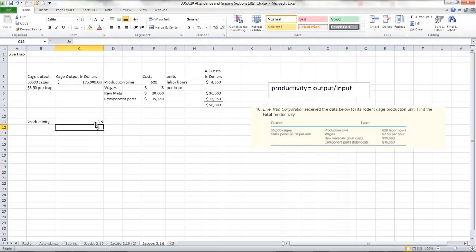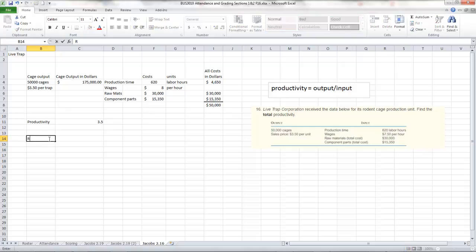So our productivity over all the inputs would be 3.5. Okay, so that has no units because we had dollars over dollars. The units cancel out. We divided 175,000 over $50,000. So it's a multiple. The productivity is a factor or a multiple. And as we talked about in class, there's some common ones used in accounting.